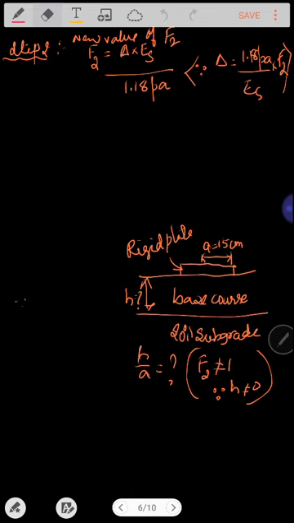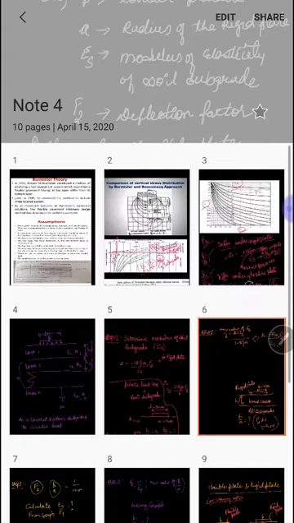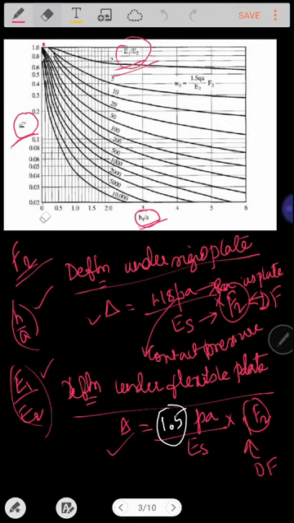From the graph we can see that for values of h upon a other than 0, we are going to get the value of f2 not equal to 1, it will be other than 1. If you consider any value of h upon a other than 0 and bisect it with the E1 upon E2 curve, you are going to get values of f2 which are not equal to 1.